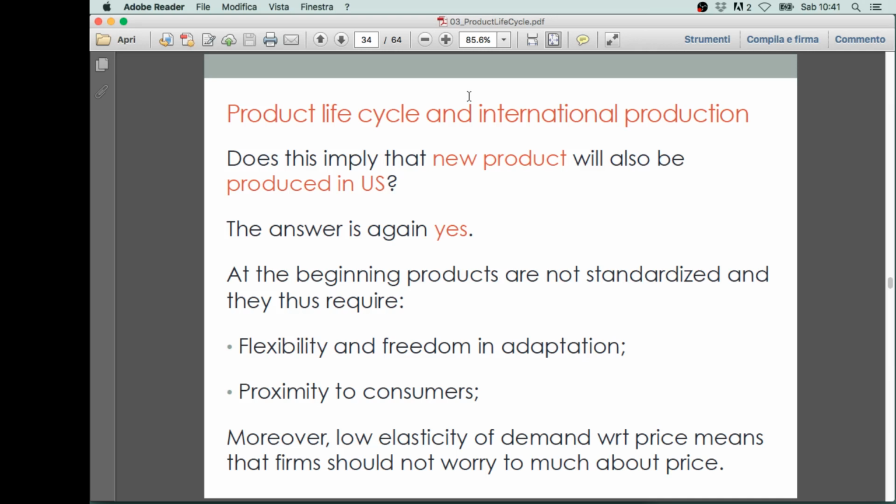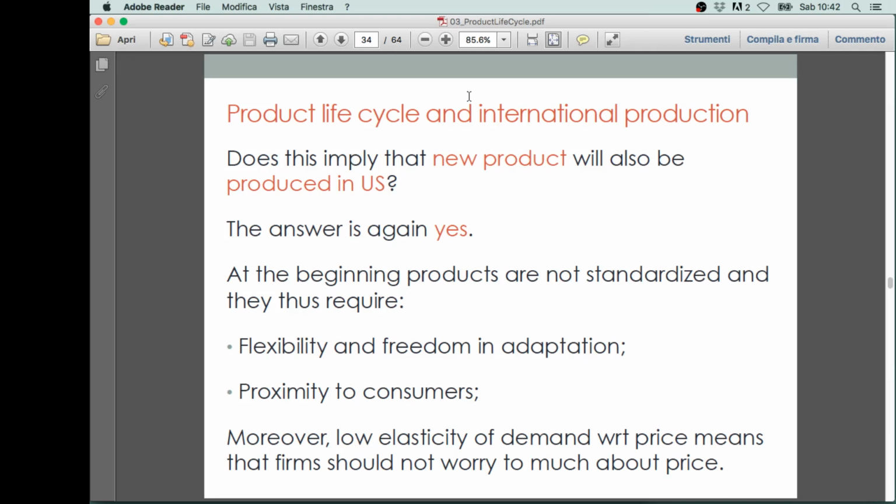So in a certain sense, you need consumers to be close to your production departments, where engineers and scientists work, in order for this information to flow easily and cheaply. So you need flexibility on one hand from the production point of view, and you also need proximity to the consumers because you need to understand what consumers basically want and demand.